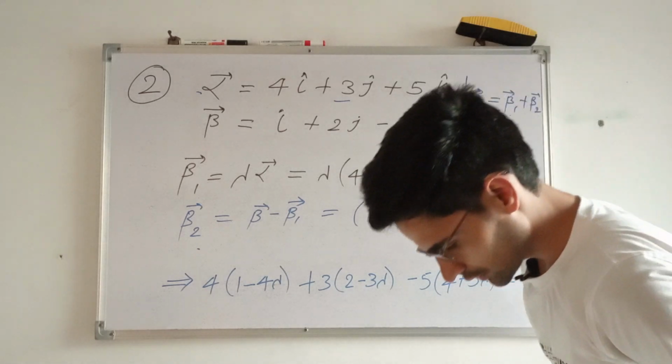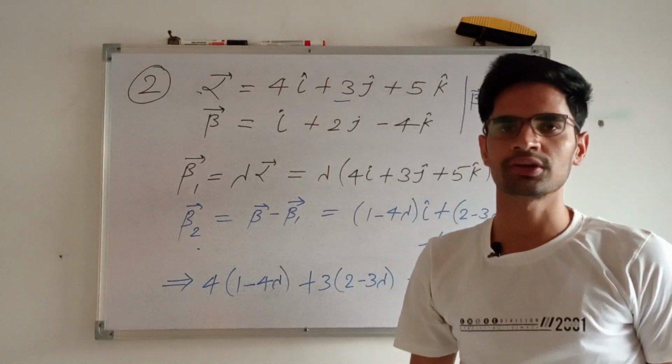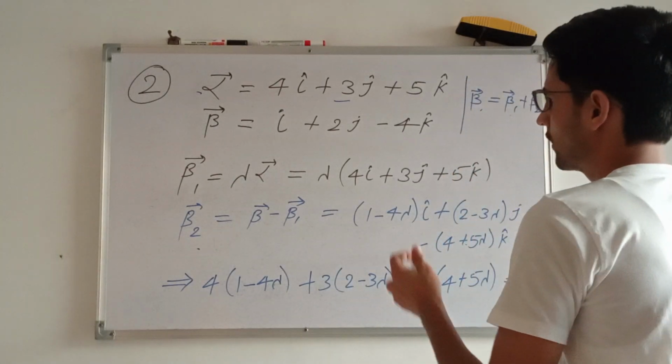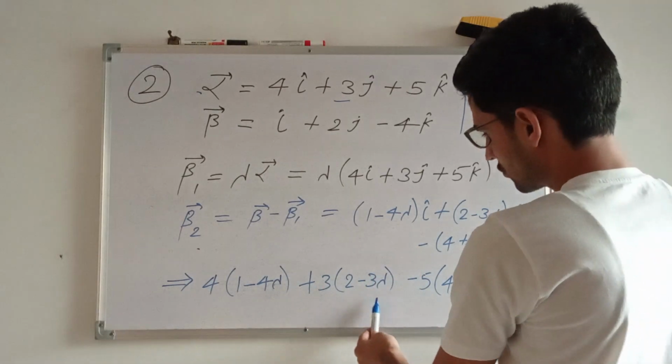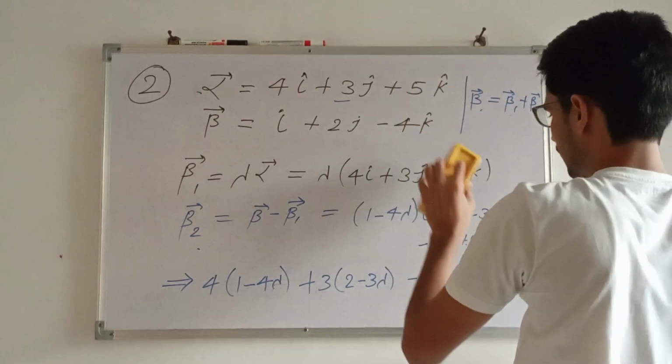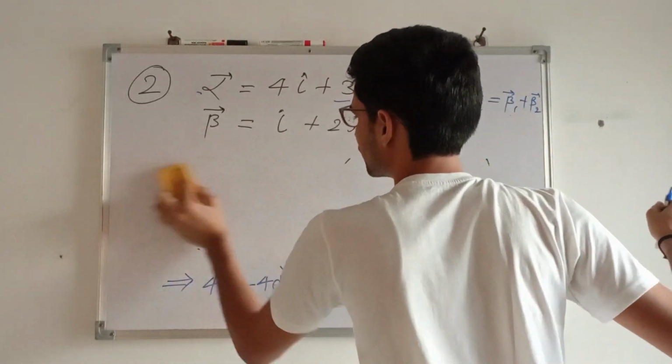In dot product, the corresponding components get multiplied, i to i, j to j, and k to k. So we have this equation, and there is only one variable lambda, so we will find this variable from here.